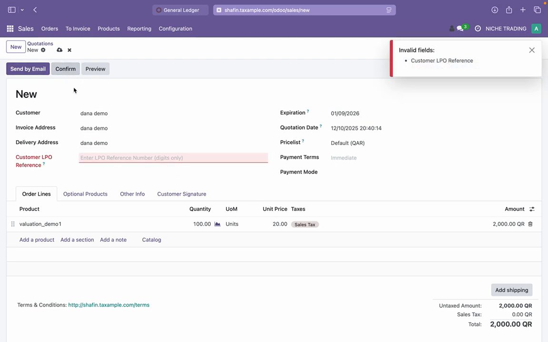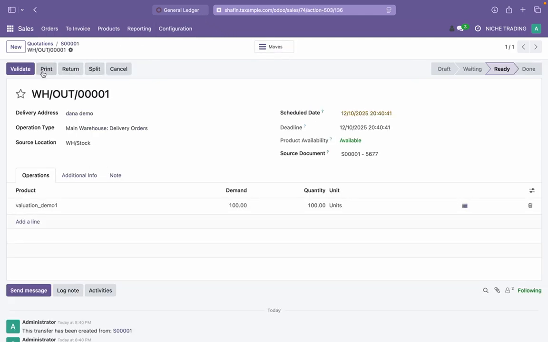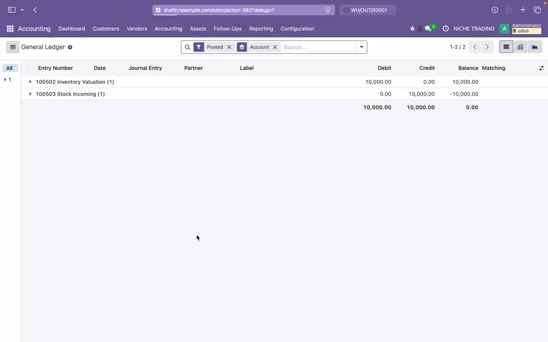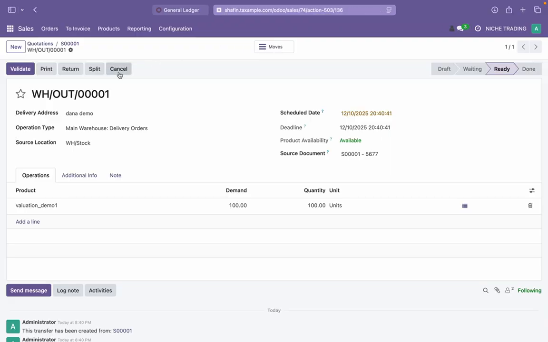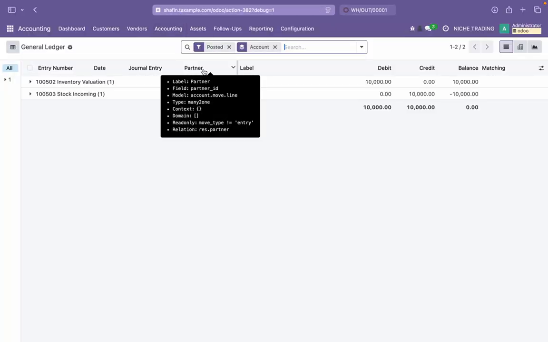So after confirming this, we just have to go to the delivery and validate this. We just want to check this general ledger once again. No changes are implemented yet. So whenever we validate the output, let's see how it comes out.